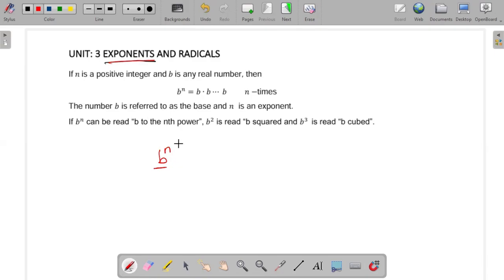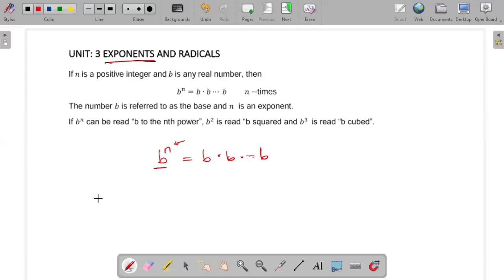The n here always has to be an integer, and b is just a real number. So if b is raised to the power n, it means that b is multiplying itself n number of times.